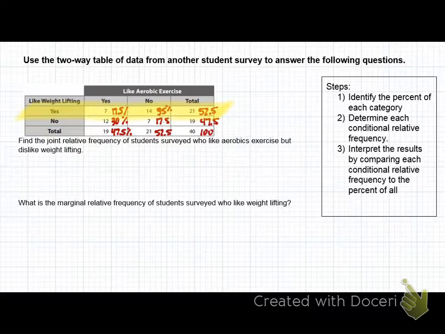Good. Given that we know there's 21 people who like lifting weights, how many of them also like aerobic exercise? 7. What's 7 out of 21? 33.3% or 1/3. Okay? So you have to focus your mind sometimes on a certain category, okay? Does that make sense? Okay, cool.